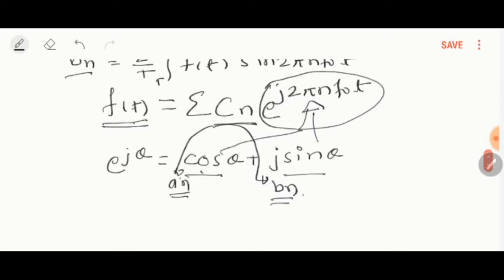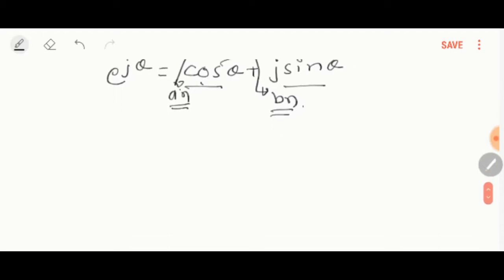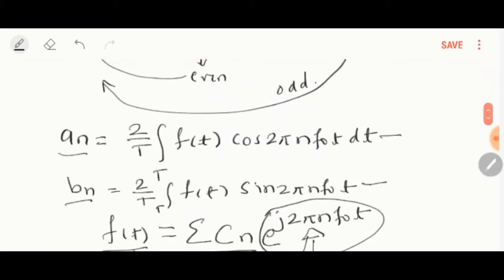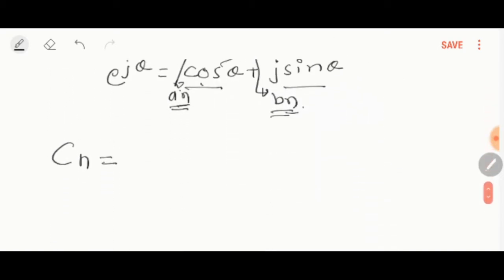So let us see what is cn. We defined earlier an and bn like this, 2 over T f(t). So we are defining cn just like this, that is 2 over T f(t), but instead of cos and sine, as we are combining an and bn to form cn, we'll use the exponential term there, so that both components could be integrated into a single cn.